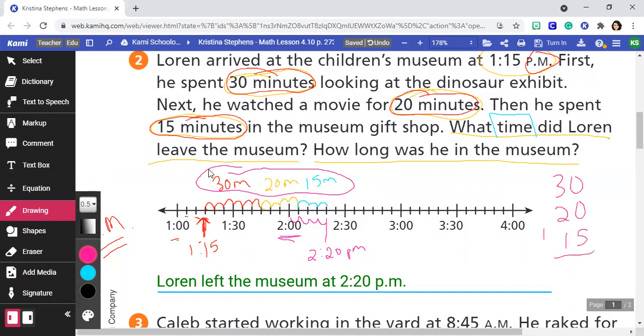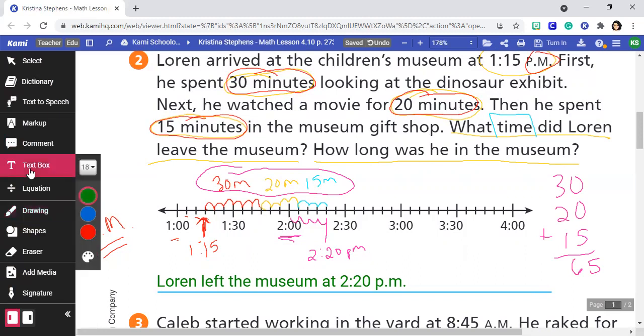This is a put together problem, so this is addition. And I've got 65 minutes. Well, we want to make sure that we are answering that in terms of hours and minutes. So I know that there are 60 minutes in an hour, which would leave me with 5 minutes left over.